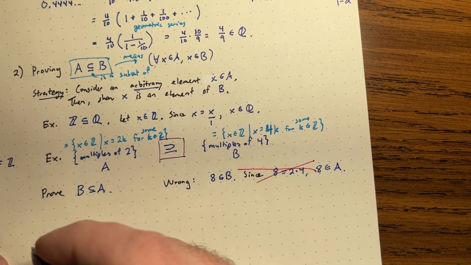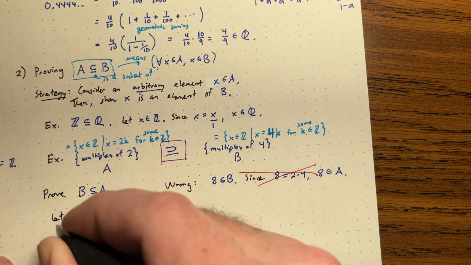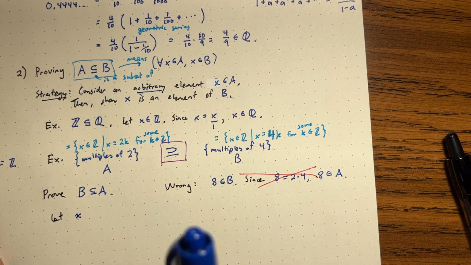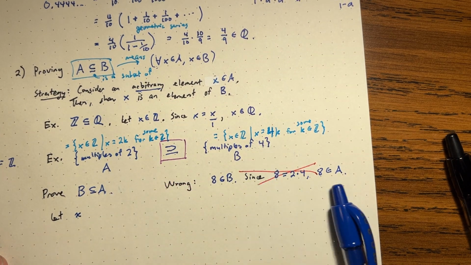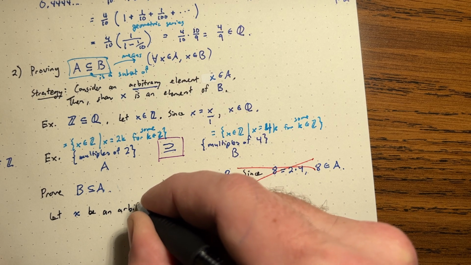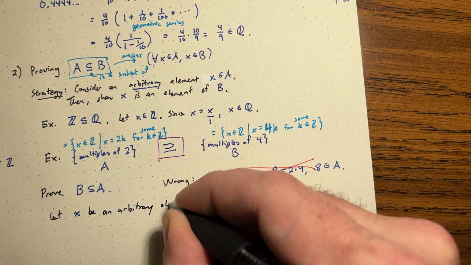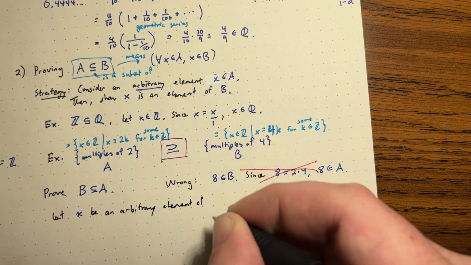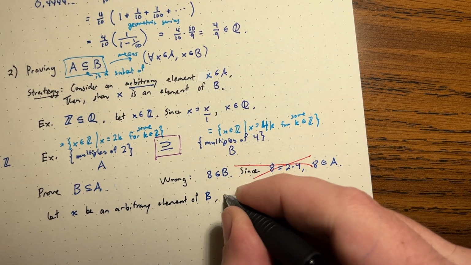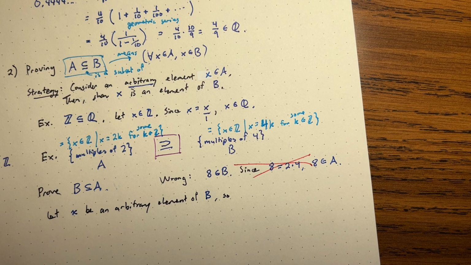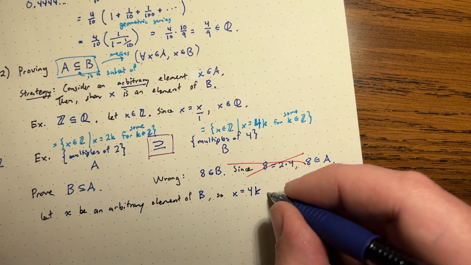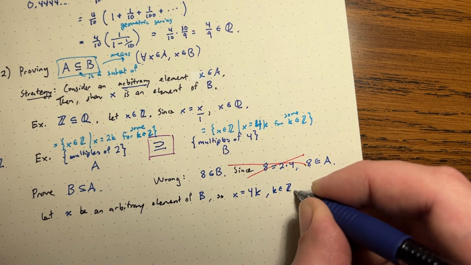So we're going to let x be an arbitrary element of B. Let me just emphasize that. So let x be an arbitrary element of B. Okay? And what does that mean? So x is 4 times an integer. x is 4k for some k in the integers. Okay?